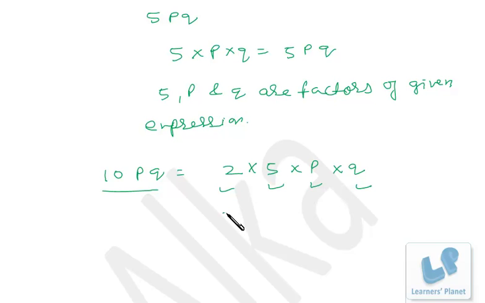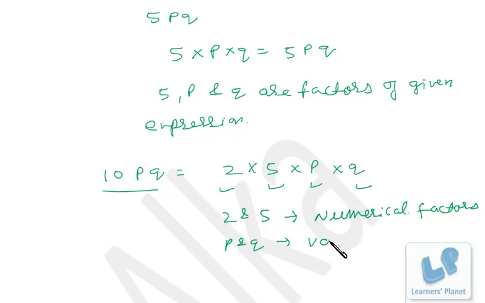Okay, here 2 and 5 are numerical factors because they are numbers, and p and q are variable factors because their value is not known. They can take any value. So 2 and 5, these are constants, their value is fixed, so we call them numerical factors. P and q, since their values are not fixed, we call them variable factors. Okay?